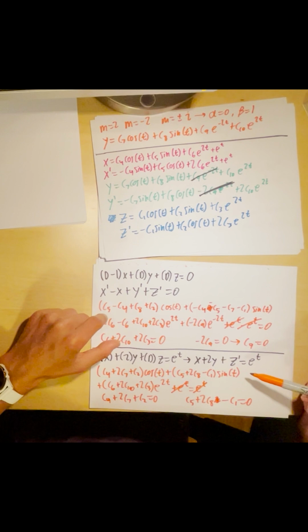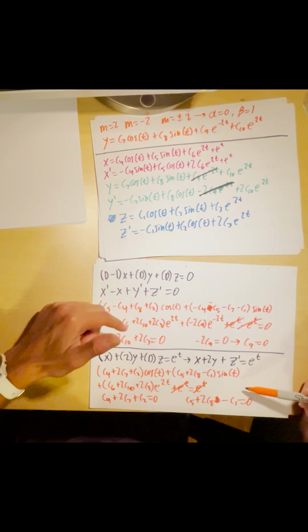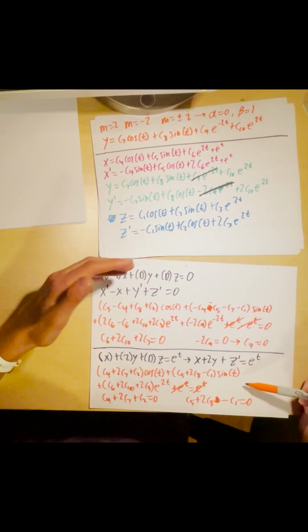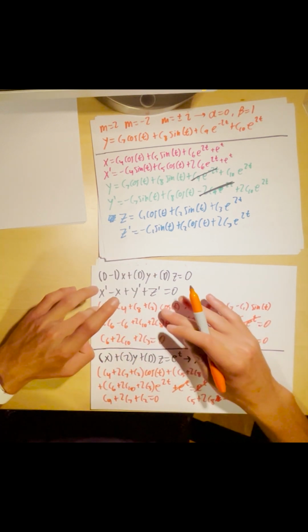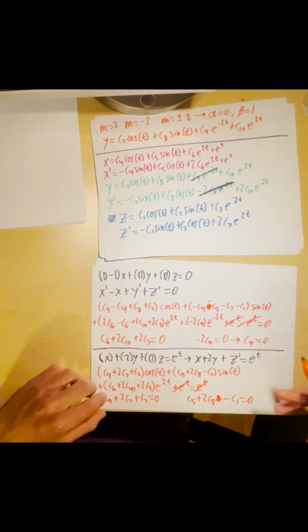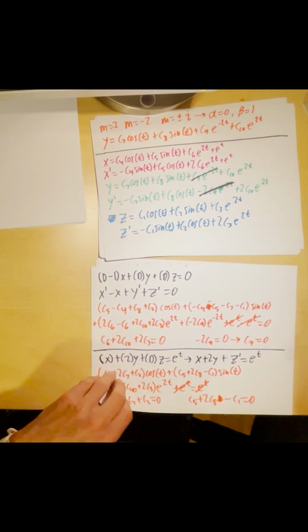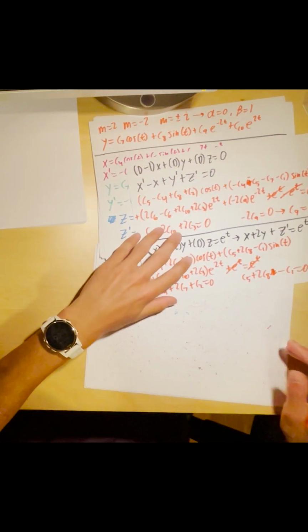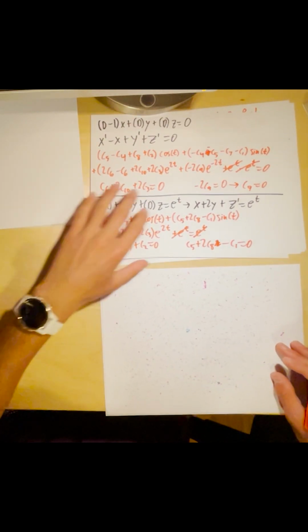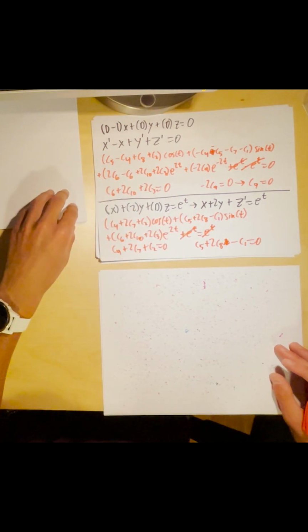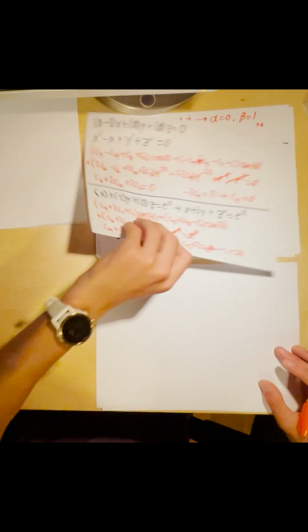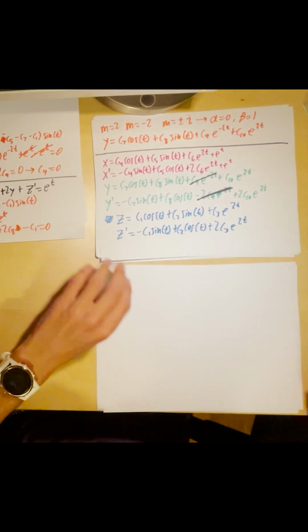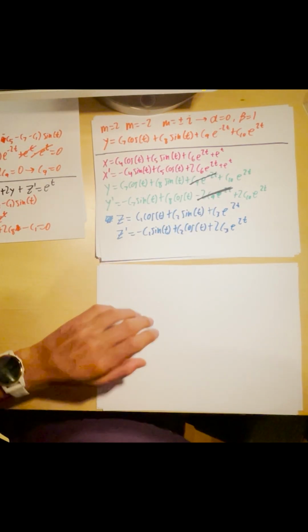Then when we put that in, the c5 matches, but then we're adding a c1, so we don't eliminate a variable. And it's kind of like that for all of them, which is why I'm not dealing with these equations with 4 constants. I'm just going to try to work with 3, and when we plug into the last equation, we can actually get some with just 2, which makes it really easy. One equal to the negative of the other, one equal to negative 2 times the other, something like that. And I'm going to put this off to the side so we can still see our main equations.